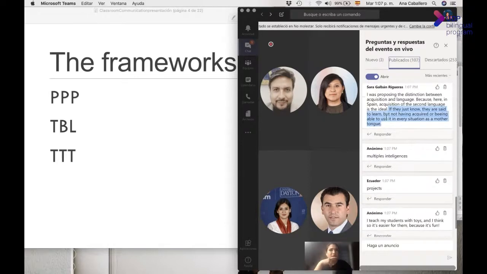Okay, Sara Galvan, I was proposing the distinction between acquisition and language. Because here in Spain, acquisition of the second language is the ideal. In other countries in Europe, students learn acquiring both languages because the countries are too close to each other. And since they're younger, they get in contact and get exposure to different languages.